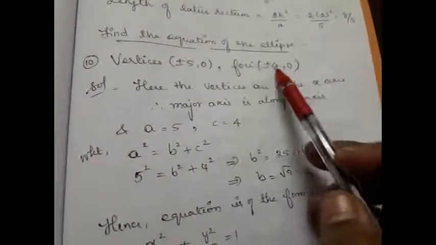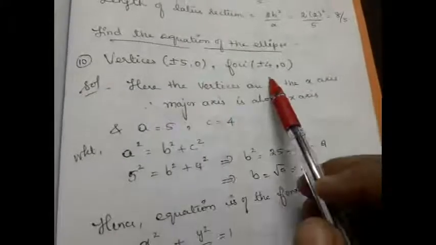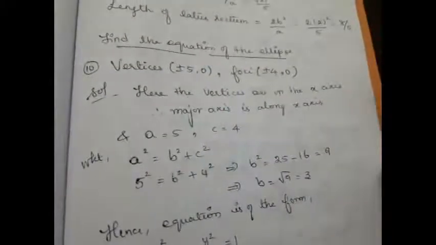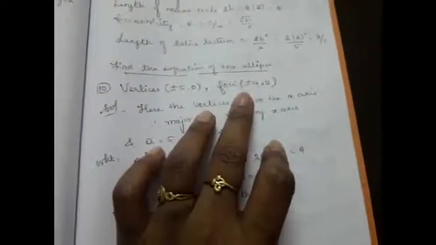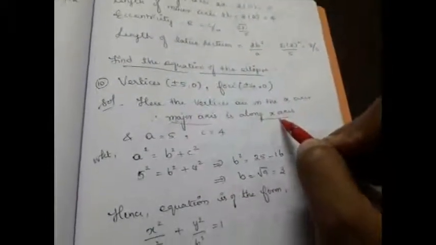Now the coordinates of the vertices are given, plus or minus 5 comma 0, and the foci plus or minus 4 comma 0. If we analyze both, we know vertices are the end points of the major axis and foci lie on the major axis, and both have y coordinate 0, therefore it lies on the x-axis. Therefore the major axis is along the x-axis, right?